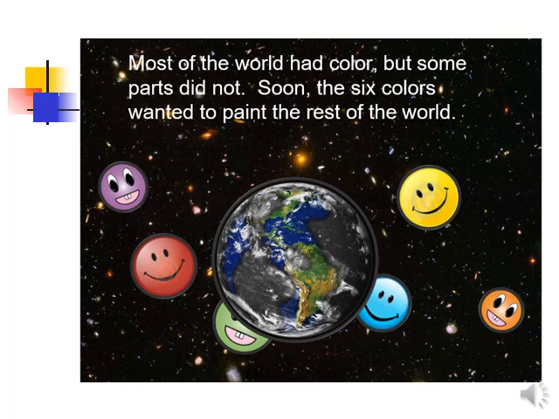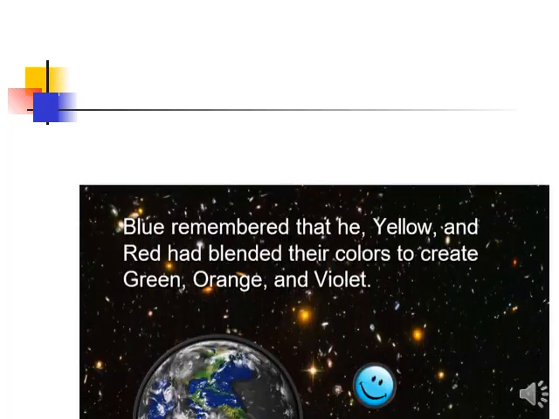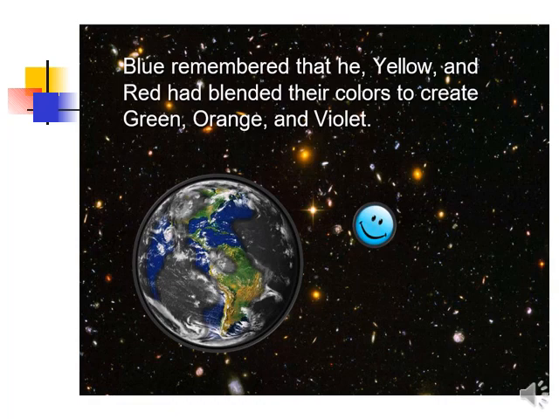Soon, the six colors wanted to paint the rest of the world. Blue remembered that he, yellow, and red had blended their colors to create green, orange, and violet. So the meaning is by mixing the primary colors together, they create the secondary colors.